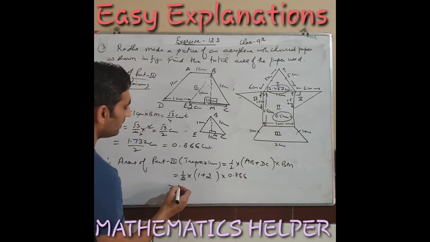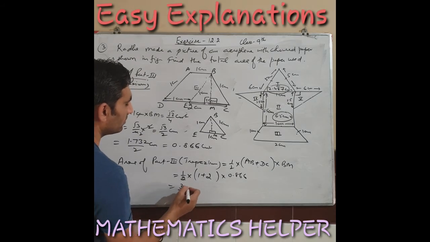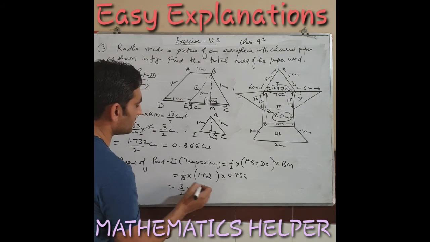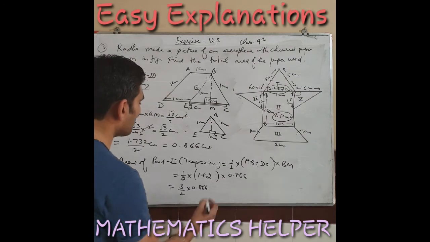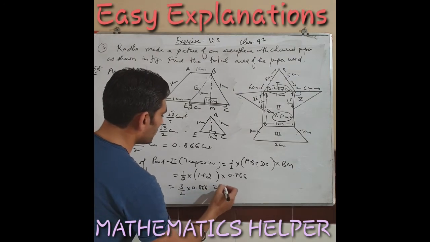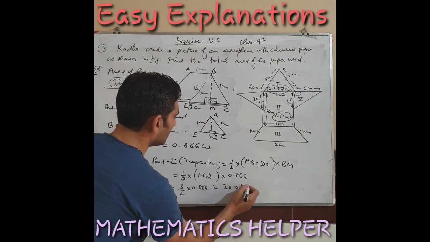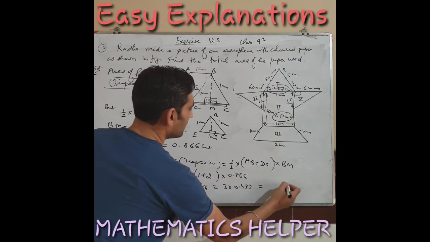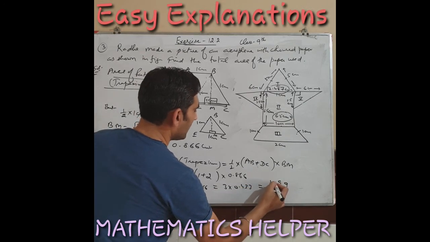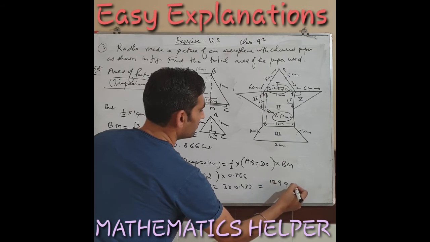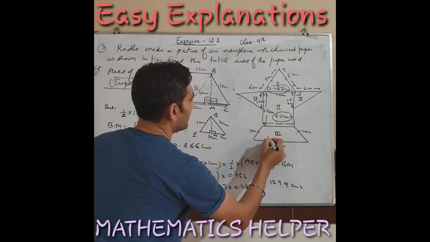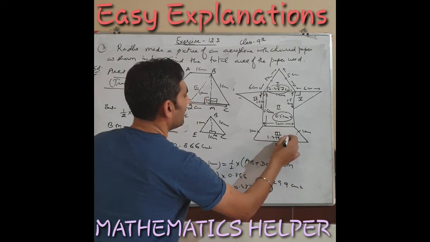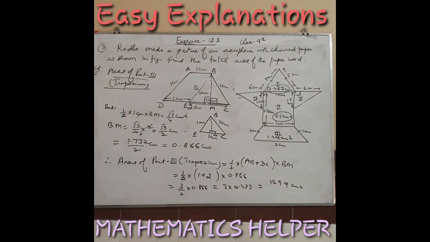So it will be 3 over 2 into 0.866, which goes to 3 into 0.433. Now multiply 9, 9, 12. So it is 1.299 centimeters square. This is the area of the third part.